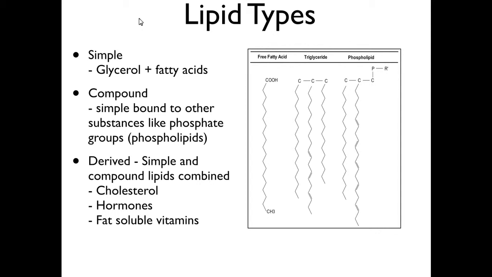Compound is essentially simple bound to other substances like phosphate groups. So a phospholipid, which makes up a lot of our membranes, for example. And then we have derived, which are simple and compound lipids combined. That'd be like cholesterol, hormones, fat-soluble vitamins.